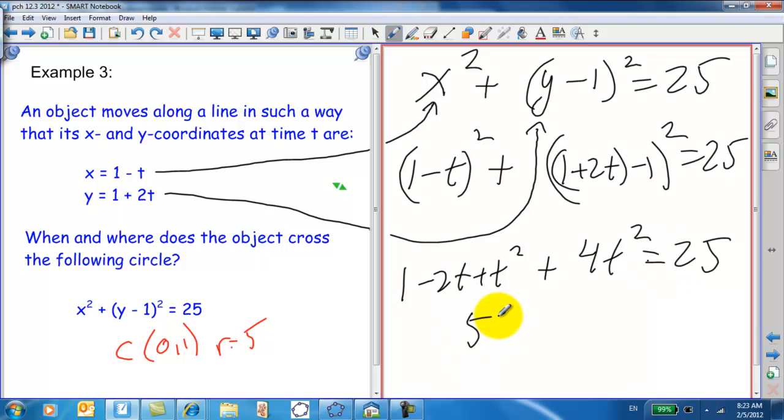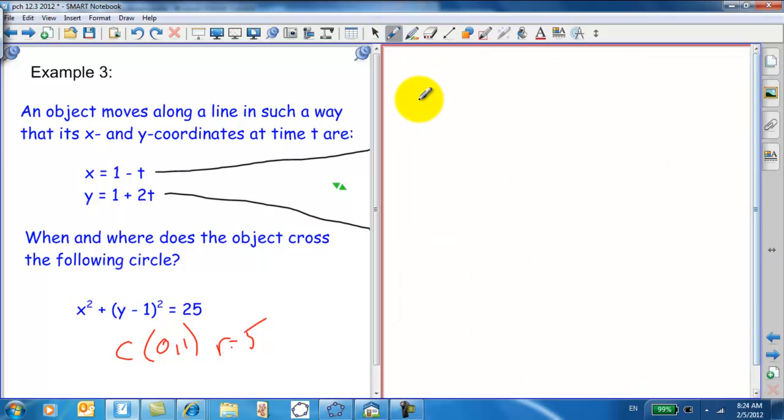So 5t squared minus 2t minus 24 equals 0, which happens to factor. That's convenient.